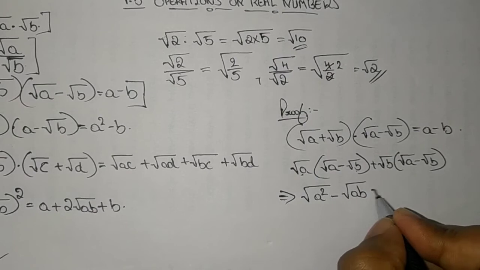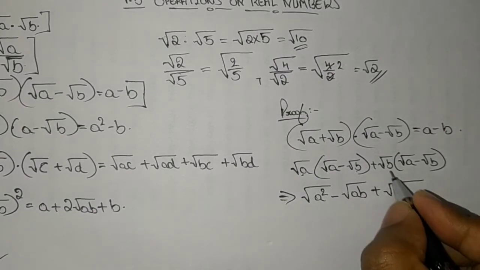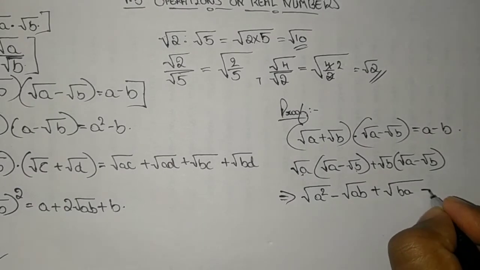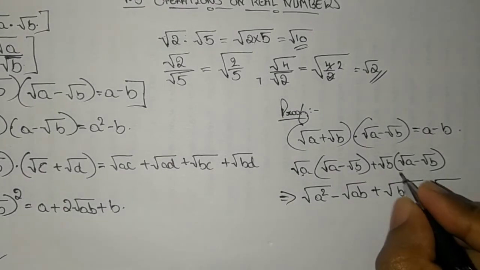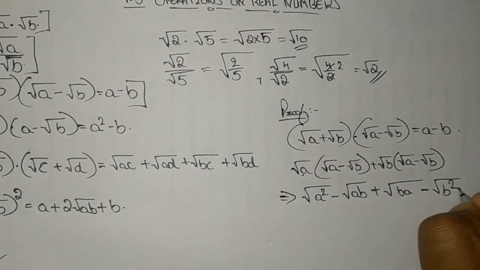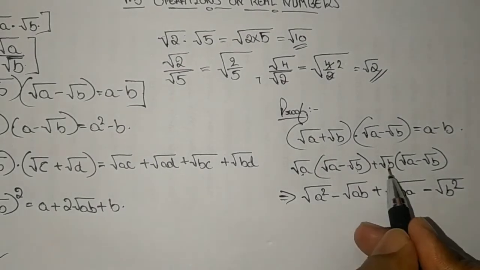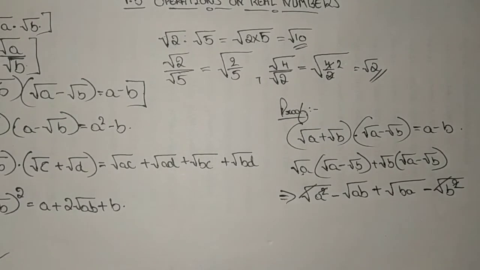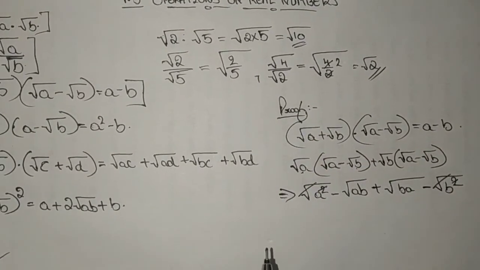I hope you are clear. Next, root b into root a, root ba, minus root b square. b into b is b square. Square and square root cancel.